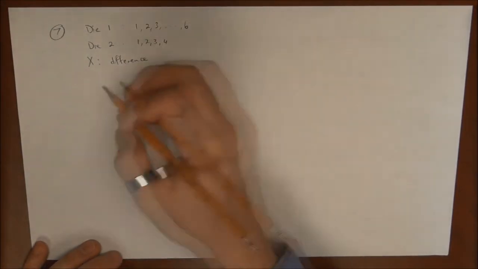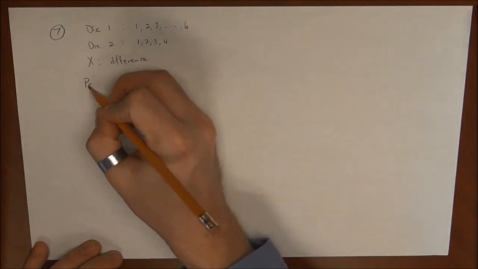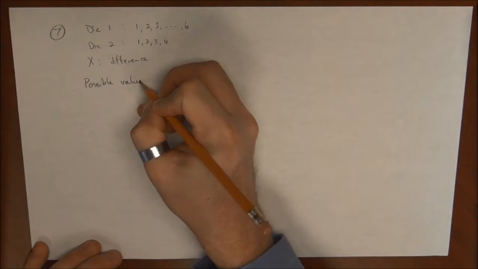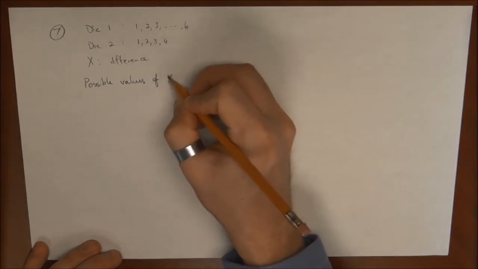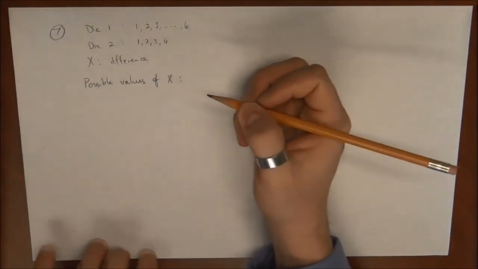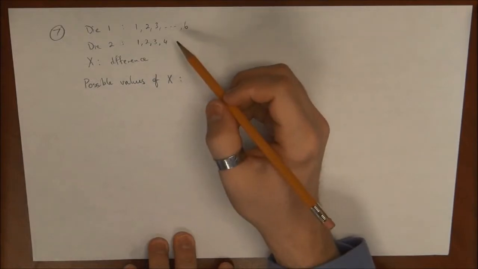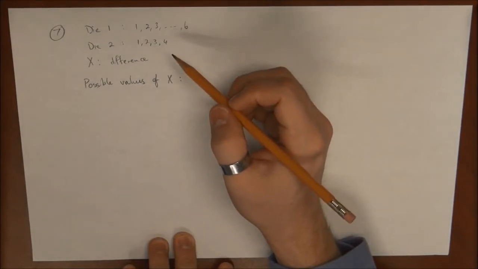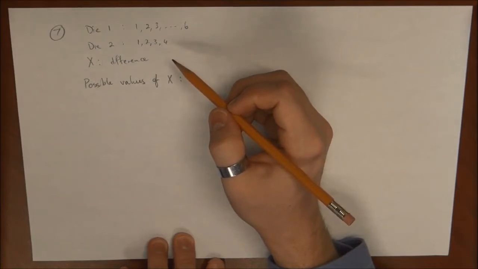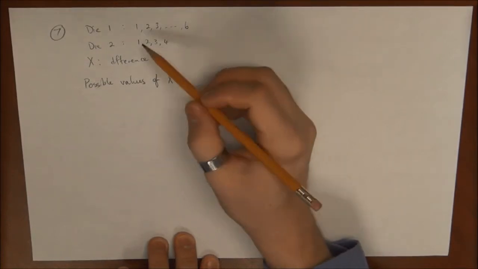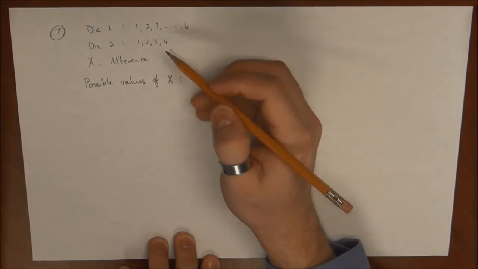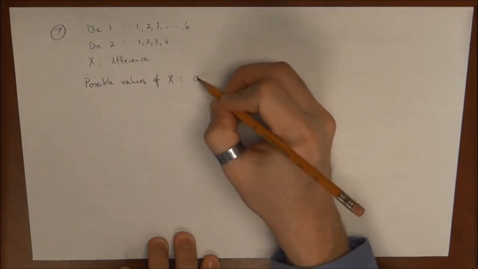So now I have to look at what are the possible values of x. Well, what is the smallest difference that I can get? Well, it's going to be when the two numbers are the same, the difference will be 0.